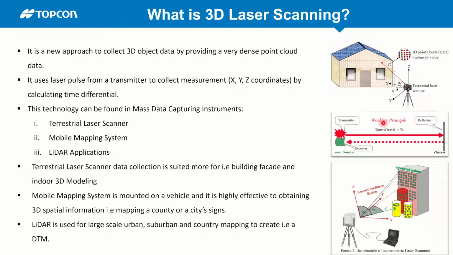While the mobile mapping system is mounted on a vehicle, and it is highly effective to obtain 3D spatial information. For example, if you want to do mapping for a country or even a city, you can use this application. The last one, LiDAR, is normally used for large scale urban or suburban country mapping in order to create a DTM.